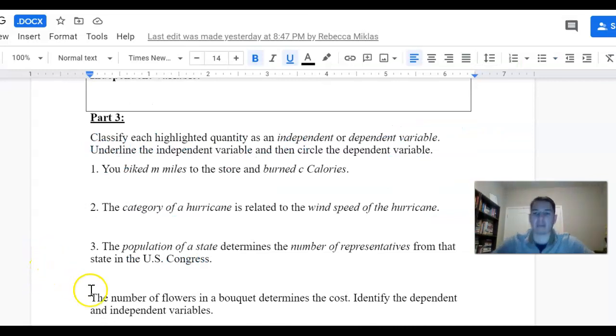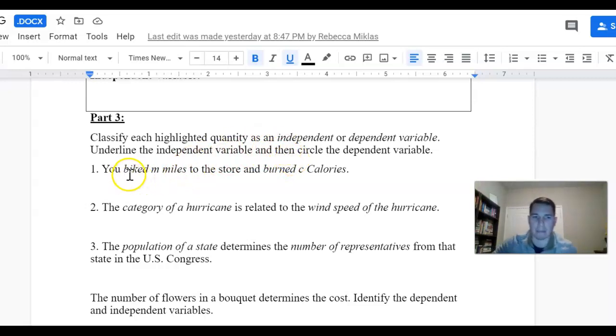Right, let's give some of these a try. Classify each highlighted quantity as independent or dependent variable, underline independent variable, and circle the dependent variable. Okay, so you biked M miles to the store and burned C calories. Okay, what did we do first? Do we bike some miles or do we burn the calories?